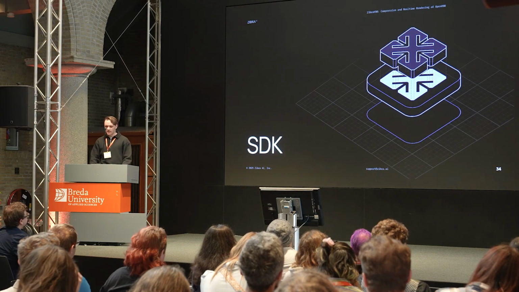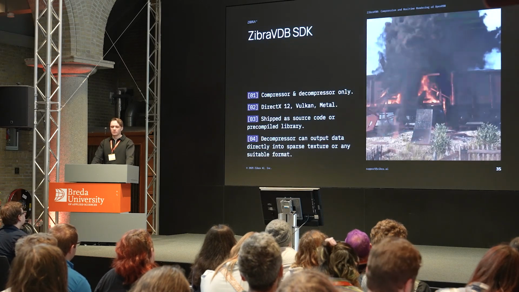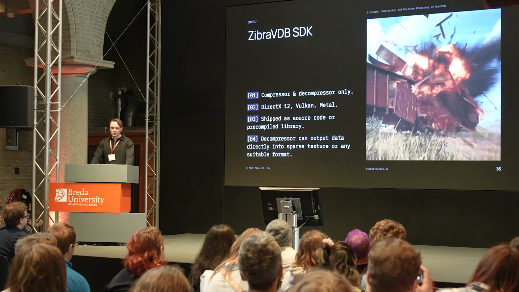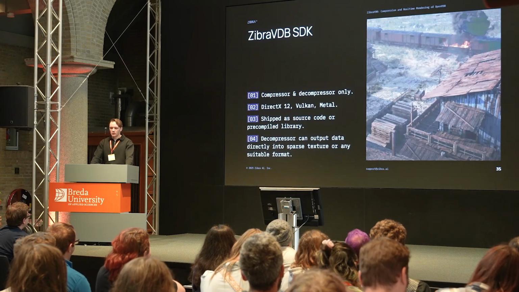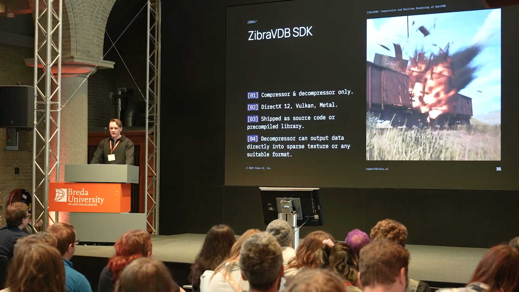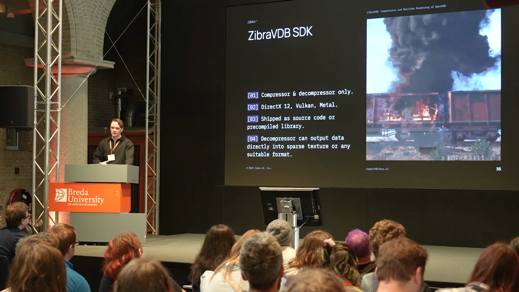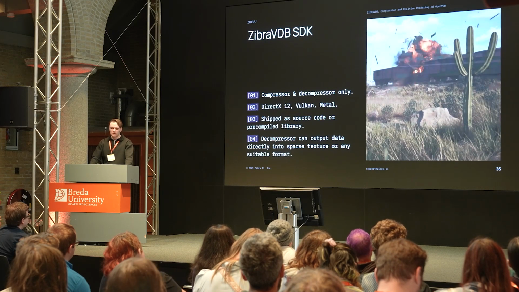Now let's talk about the SDK. The SDK is something that we ship for other companies that want to integrate ZibraVDB into their own software. We ship only the compressor and decompressor because most engines nowadays have their own volumetric renderer, so you can just decompress data directly for your renderer. We support DirectX, Vulkan, Metal, all you need.